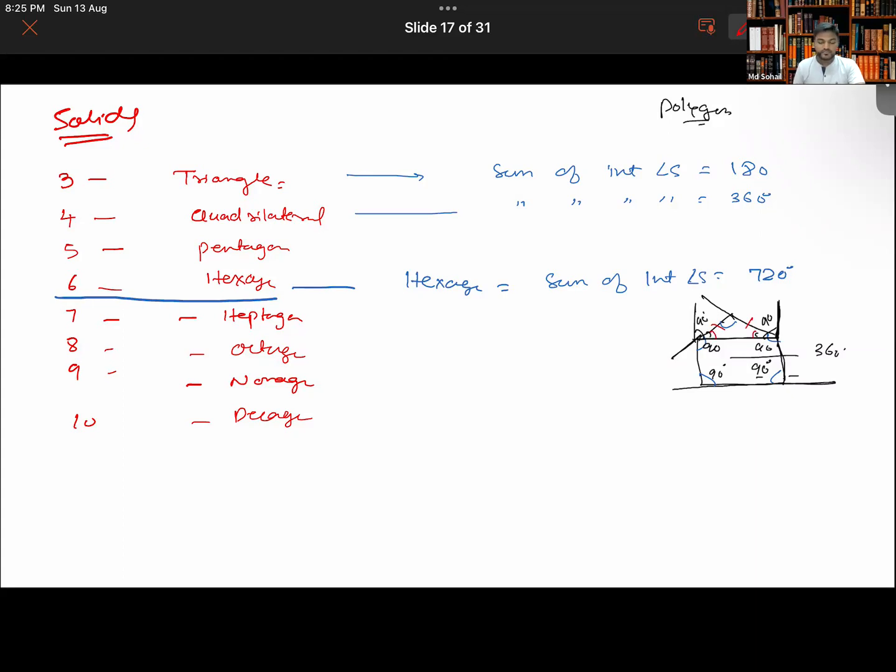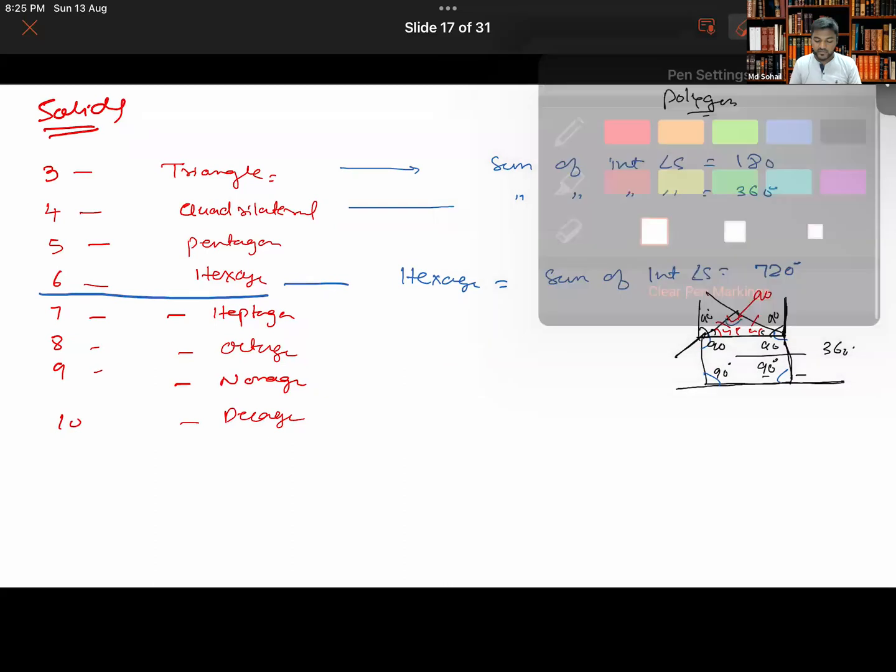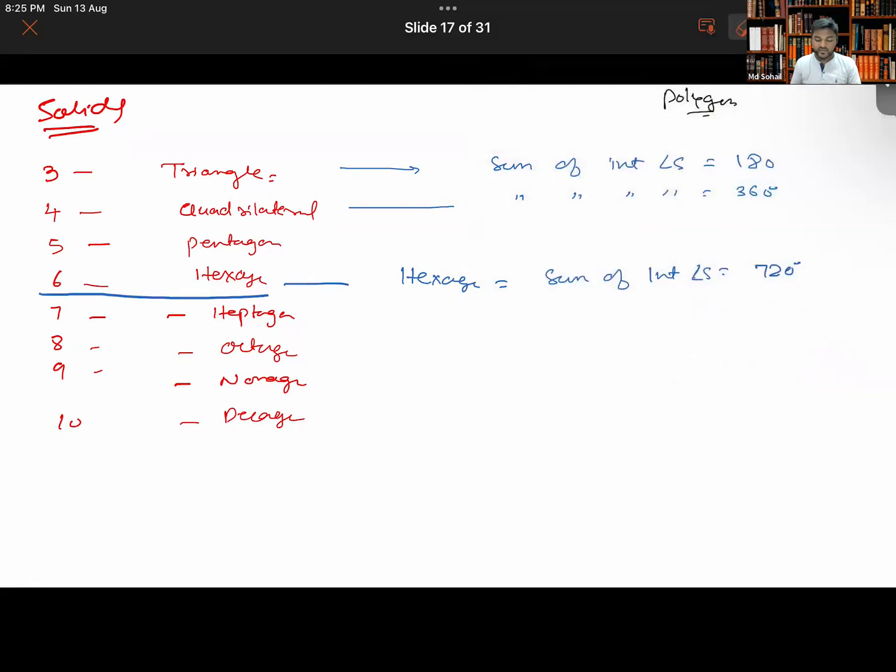So it's 45, it's 45, and this one would have been 90. But that's a given case in which you can find it out if the triangle was an isosceles triangle.